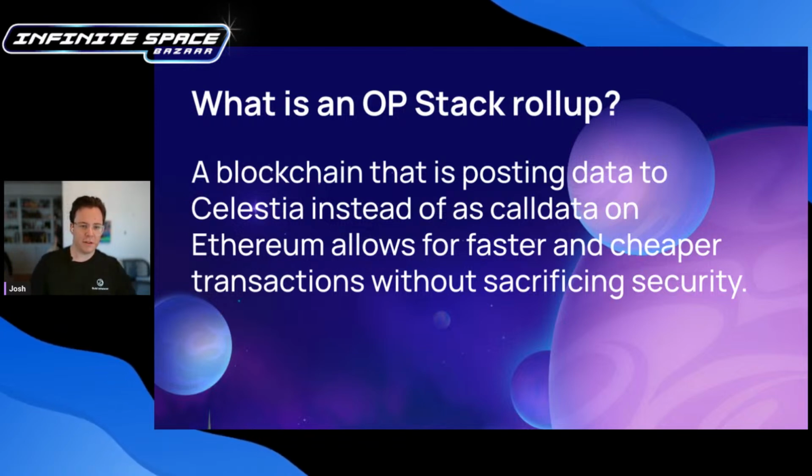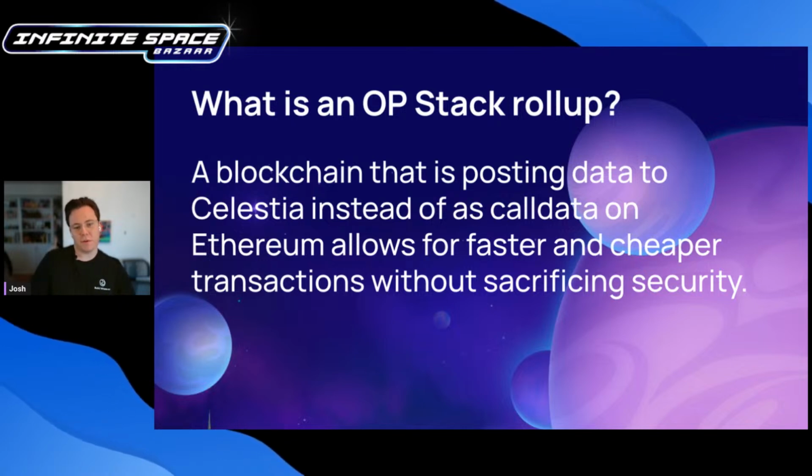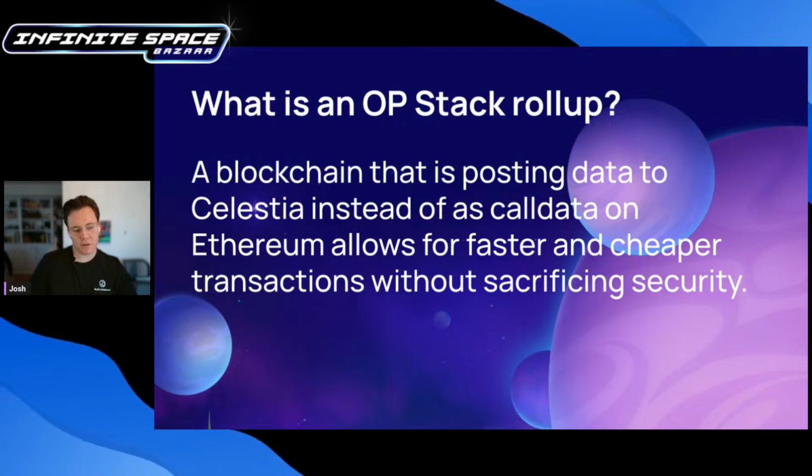More specifically, since we're talking about OP Stack in this workshop, what is an OP Stack rollup? An OP Stack rollup is a blockchain that is posting data to Celestia instead of as call data on Ethereum. In the normal case of the OP Stack, which is what is used for Optimism and many other chains now, the OP batcher is used to post data to Ethereum as call data.